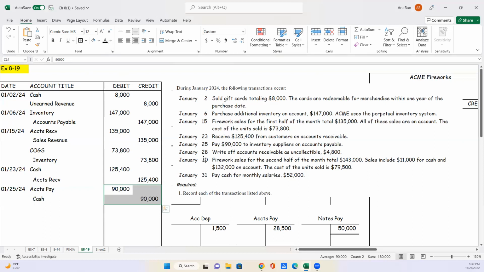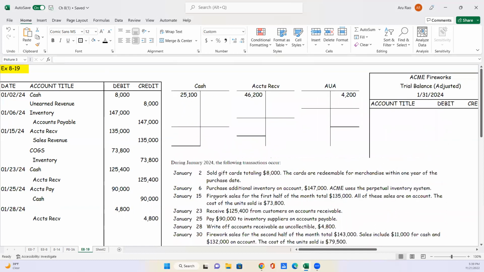On the 28th, I decided to write off accounts receivable as uncollectible. So there's $4,800 worth of receivables. I'm now saying that I'm not going to get this money. I need to take it off my books. So I'm going to credit accounts receivable, $4,800. Now the question is, what should I debit? If I were using the direct write-off method, I debit bad debt expense.